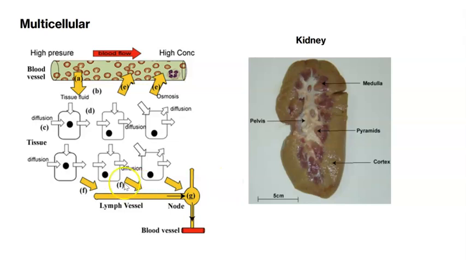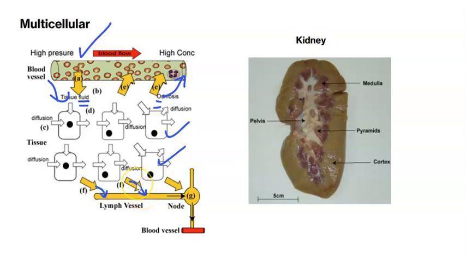Our cells shown here are bathed in tissue fluid, and that tissue fluid is derived from blood. The tissue fluid around the cell circulates from the blood around the cells, and then it's drawn back into the blood like this. Extra fluid is drained into the lymphatic system.